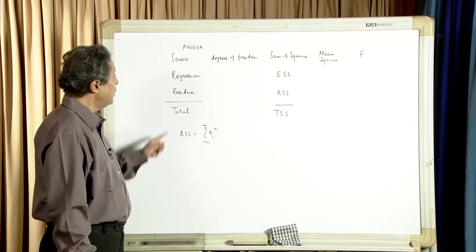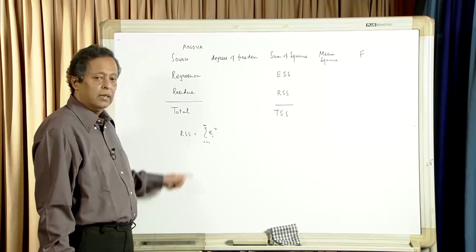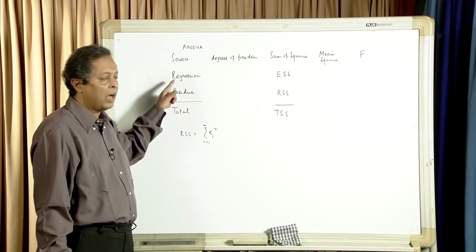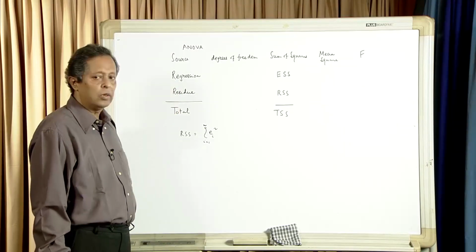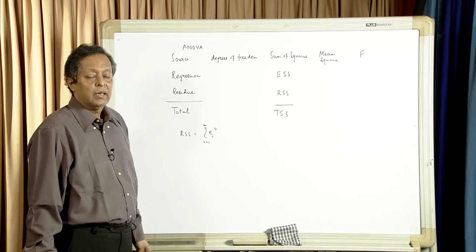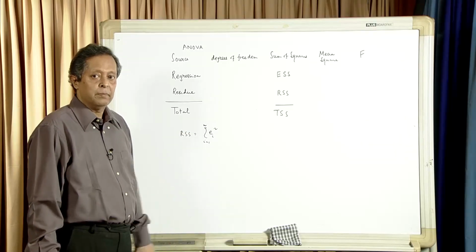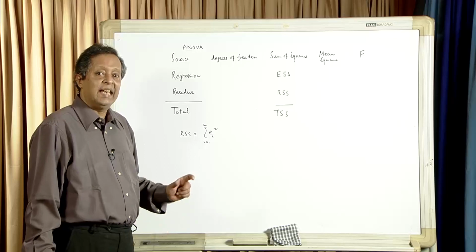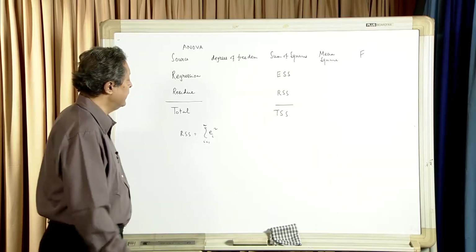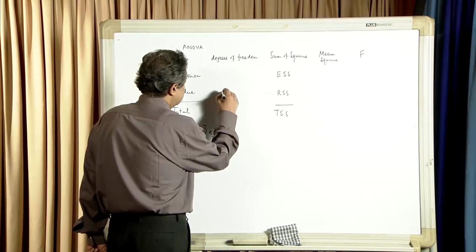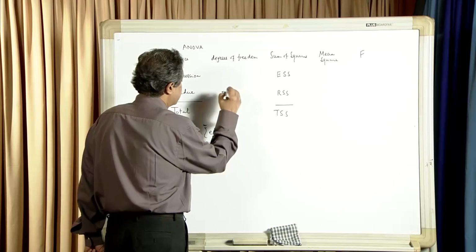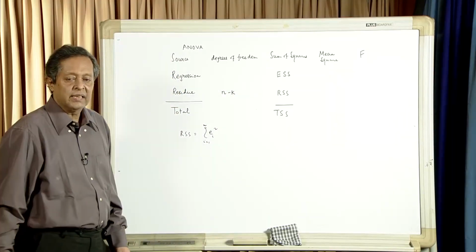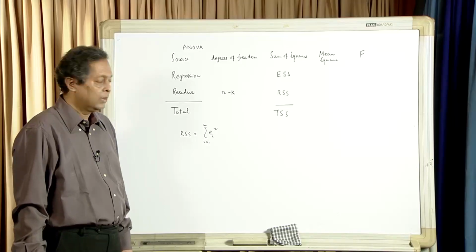So, out of n observations, because the model runs from i equals 1 to n, in order to estimate k parameters, we lose k degrees of freedom, and therefore, we say that the residual variance has n minus k degrees of freedom.